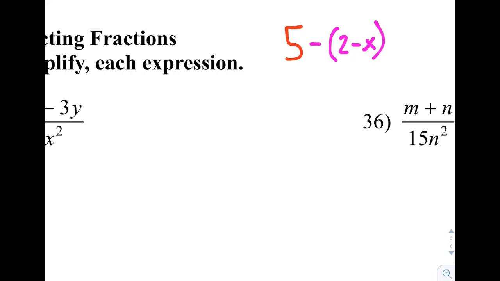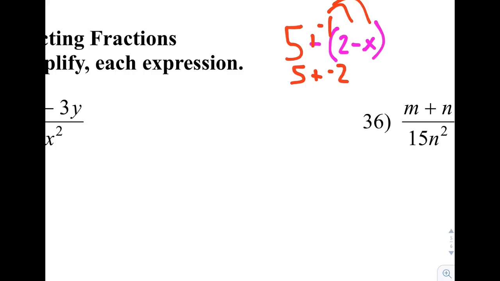Now this gets a little bit more complicated because if we want to change this into an addition problem, we are really going to need to make it plus negative 1 times all of that stuff. And so if we were to distribute this out, we would get 5 plus negative 2, which is exactly what we would expect, that negative 2 applying to that 2.